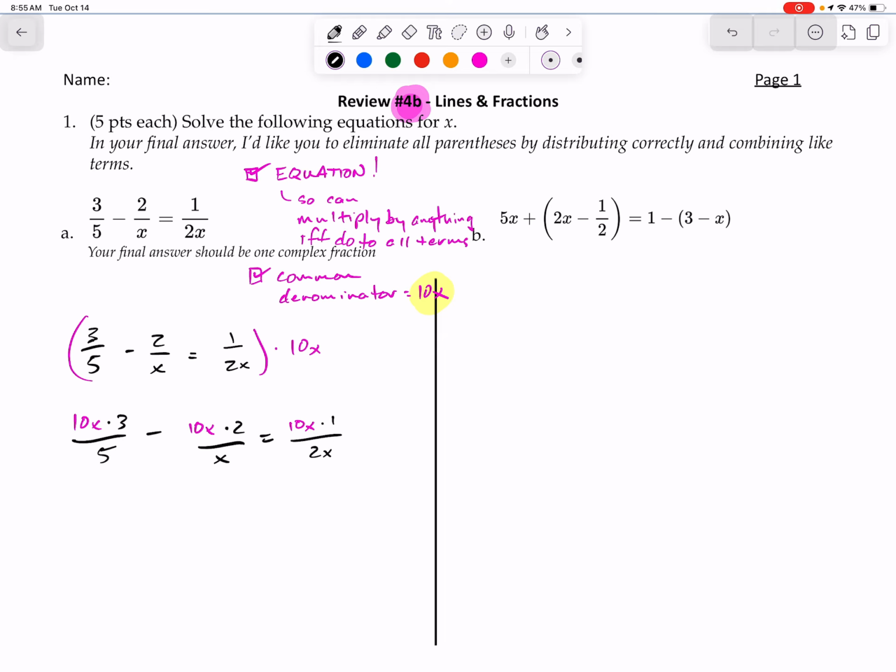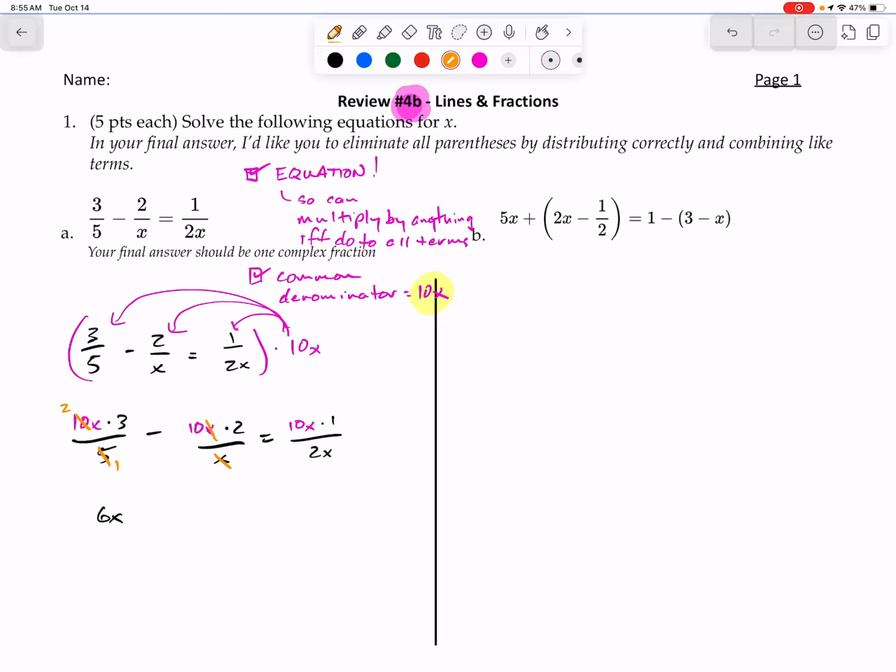So I'm just doing the multiplication here of this times that, times that, times that. And then notice what goodness happens here. 5 goes into 5 once, goes into 10 2 times. So what I end up with there is 6x. The denominator's gone away, and that's all that's left.